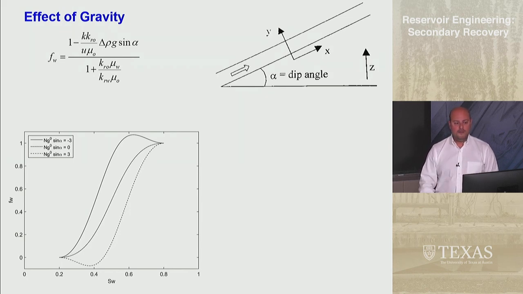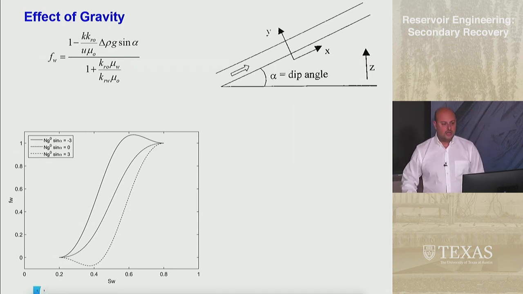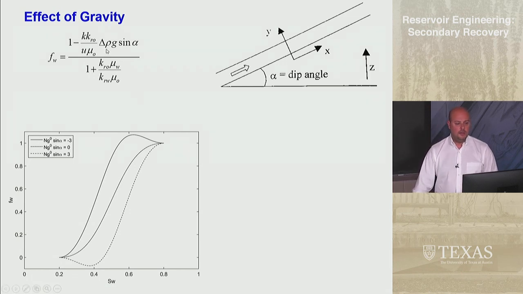Now there would be no gravity really in two cases. The first case would be obviously if the reservoir was just flat. If the dip angle alpha was 0, then there would be no gravity. There would be another case where gravity could be neglected, and that is if delta rho is small or basically 0. So if the densities of water and oil were the same, then that term would go to 0.